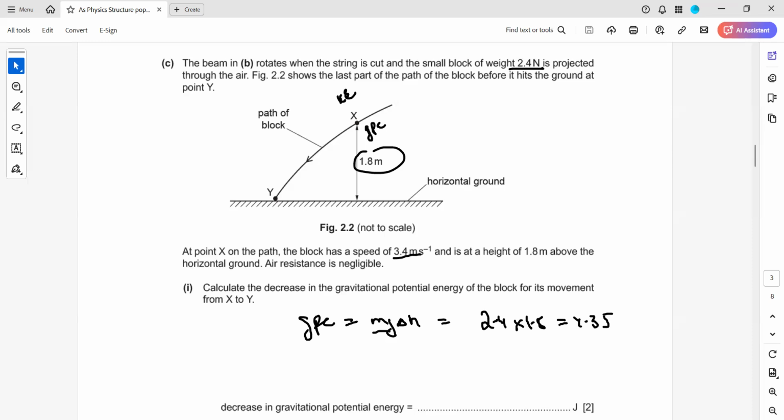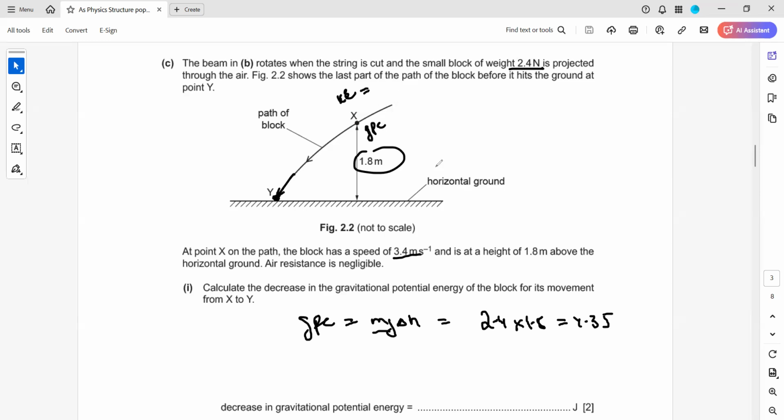The next part: at point Y, which form of energy does it have just before it hits? The total energy should be the same.